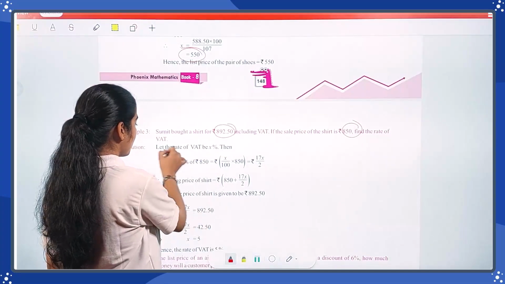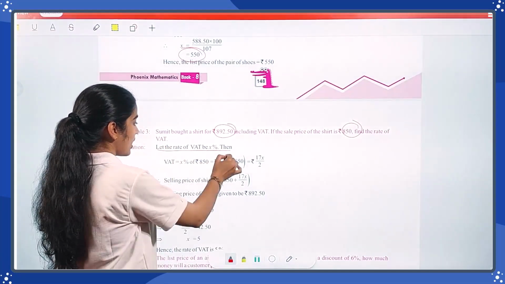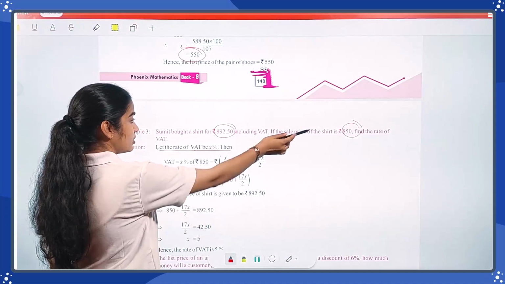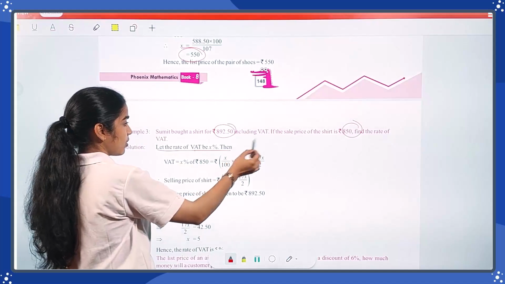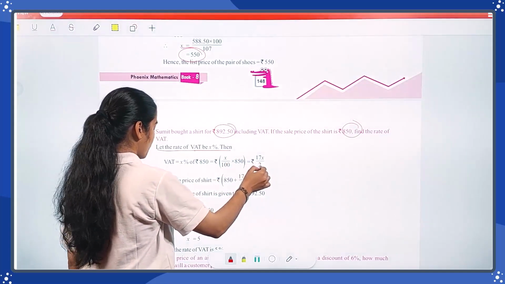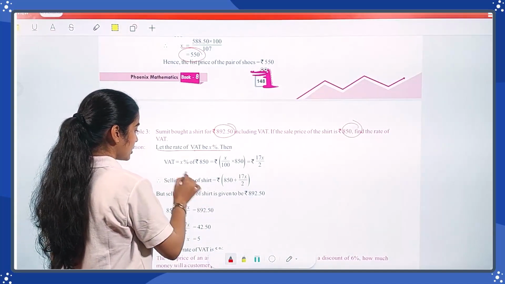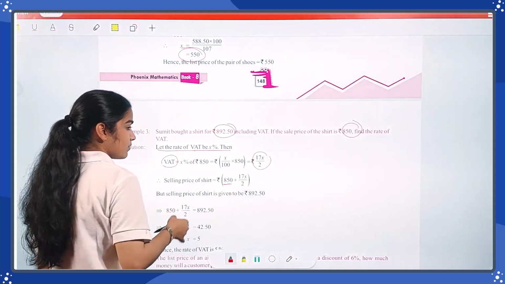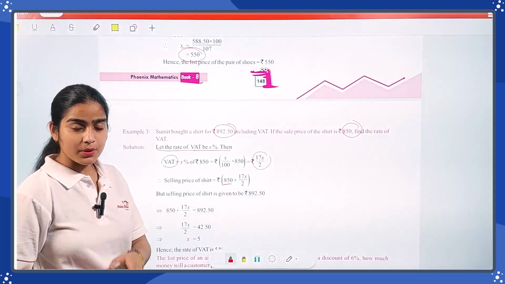It means we don't know the rate, so we take it as x percent. The sale price of the shirt is 850, so the VAT is 17x upon 2. Now the selling price of the shirt is 850, and VAT is included with the selling price.